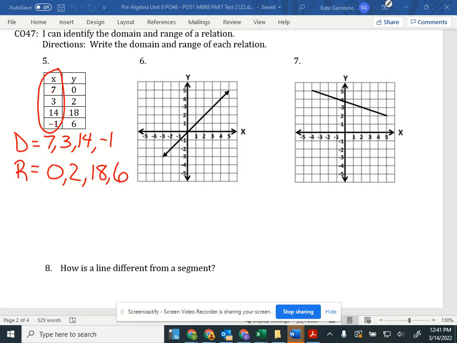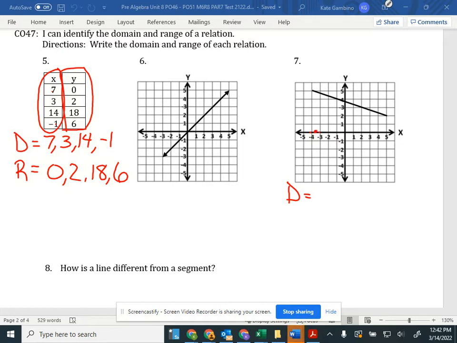I had a lot of people saying, oh, 0 to 18. It's not 0 to 18. It's just what is in your function table. So it's very important that you remember when it's a function table, that's all that you write. On the flip side, over here, some of us were listing for our domain: -4, -3, -2, -1, 0, 1.